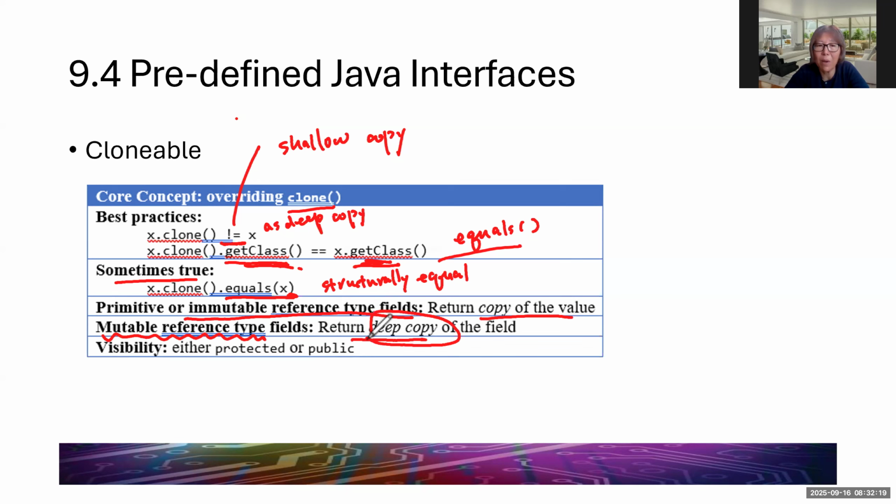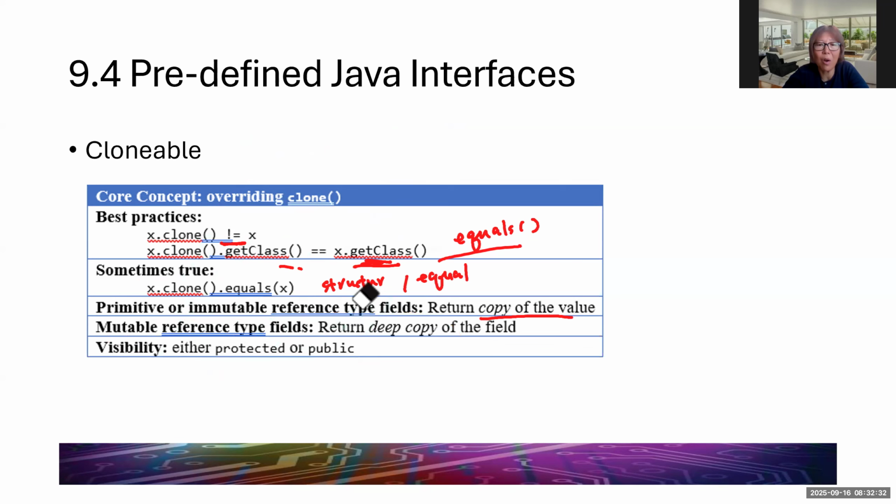So be careful, deep copy. And the visibility can be protected or public. That's the best practice for implementing the Cloneable interface and overriding the clone method.